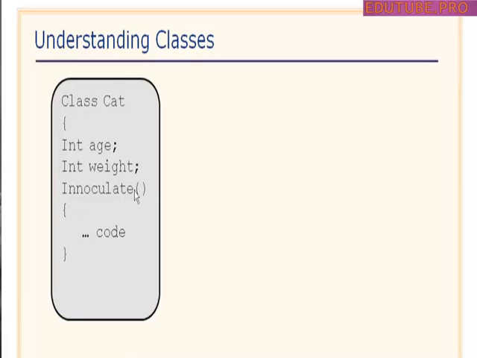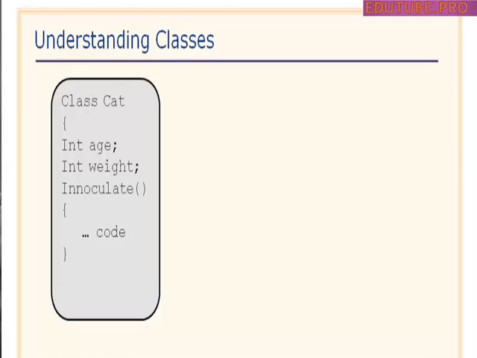And then we create a function called inoculate, and then inside the braces on that we put some code. All right, now I left out something here. Don't worry about it right now. You'll see it later, but I don't want to make it too complex, but this would have made it not so complex. But notice I've got an opening brace here for the cat. I should have a closing one down here.